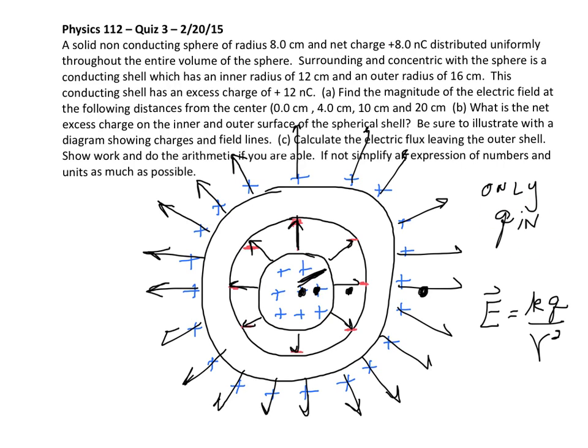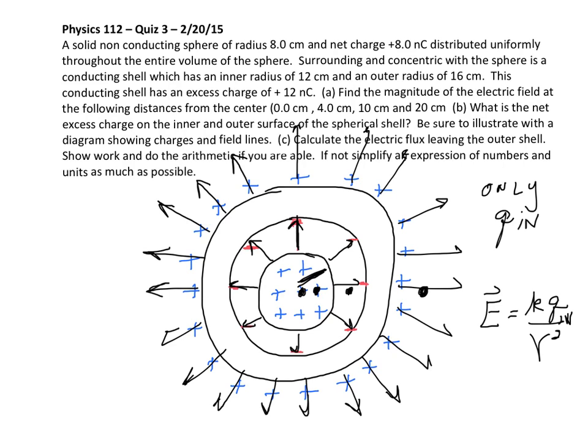So notice, when we do the middle, there's no charge inside. Of course, we can also look at the symmetry of the problem and guess that the electric field goes to 0.